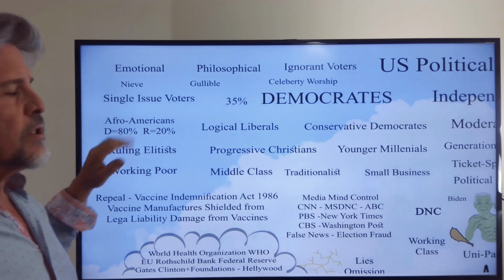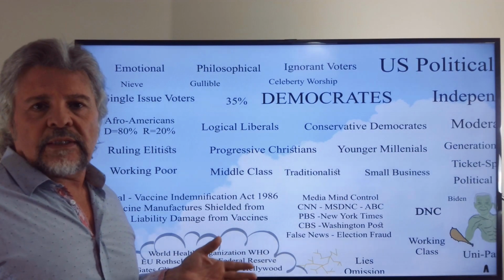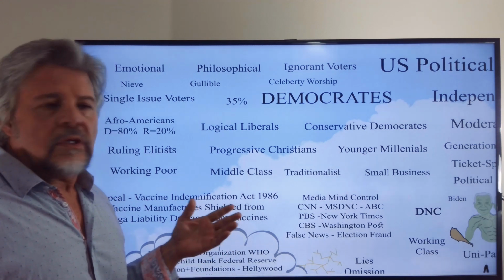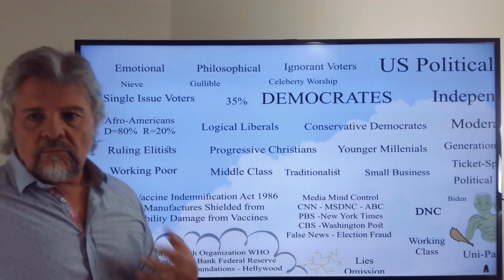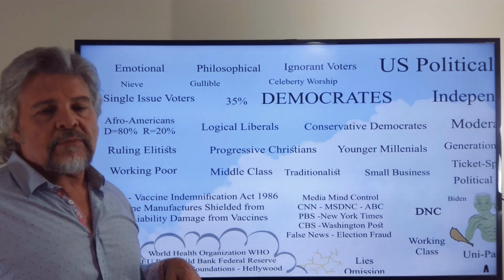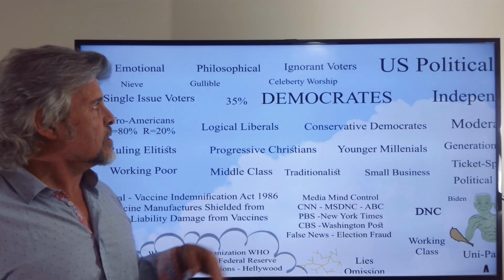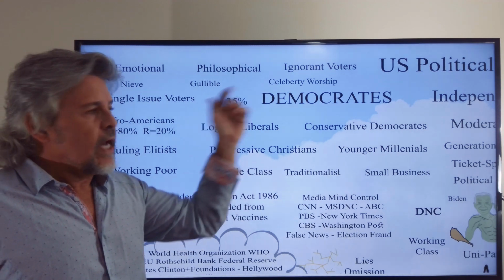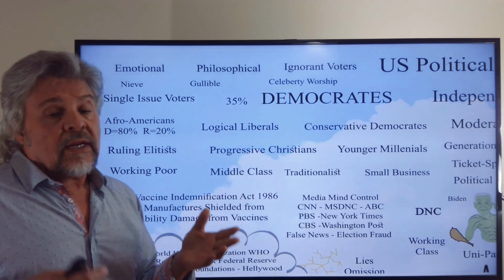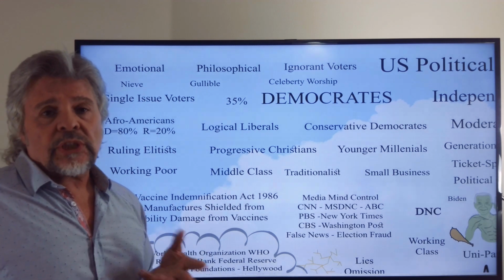Emotional voters. A lot of people just go with feelings and their emotions. That's how they vote. Now, we all are emotional beings, but you don't want to use that as your primary source of making decisions. Philosophies or ideologies, everybody has a philosophy or is developing it, and our ideologies and philosophies are always changing.